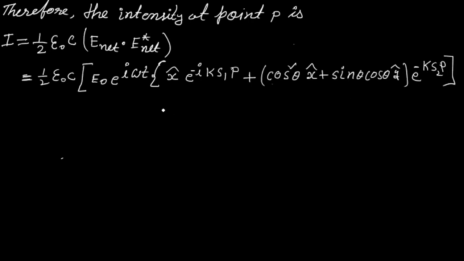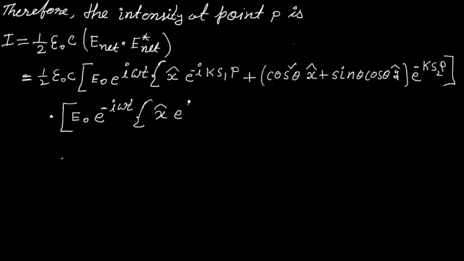Okay, so this will be the net electric field, and then we have to take product with the complex conjugate of this field. So what will be the complex conjugate of this field? E naught is a real quantity, so E naught will remain the same, and e to the power iota omega t complex conjugate will be e to the power minus iota omega t, and the remaining term will remain x cap.